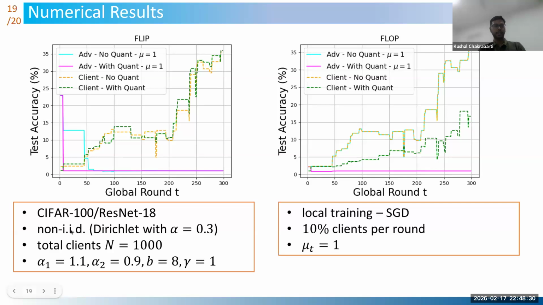Because it is federated learning, the dataset is supposed to be non-IID. So we split the entire CIFAR-100 training dataset with a Dirichlet distribution with some coefficient.